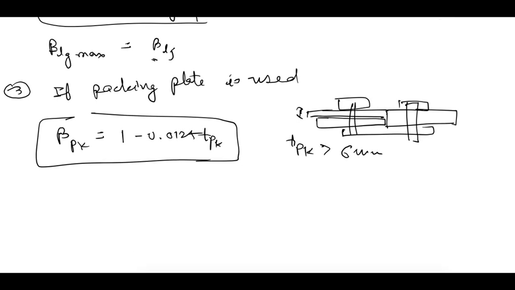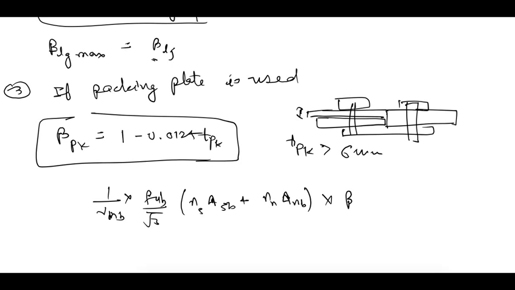So these are the correction factors, and after applying the correction, we can give the shear strength of bolt as gamma mb into fu by under root fub by under root 3 ns into asb plus nn into anb multiplied by beta lj multiplied by beta lg multiplied by beta pk.